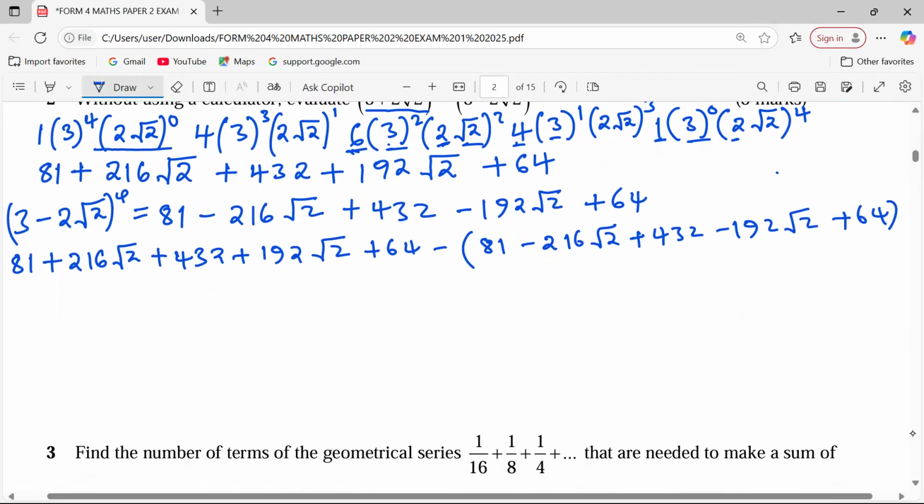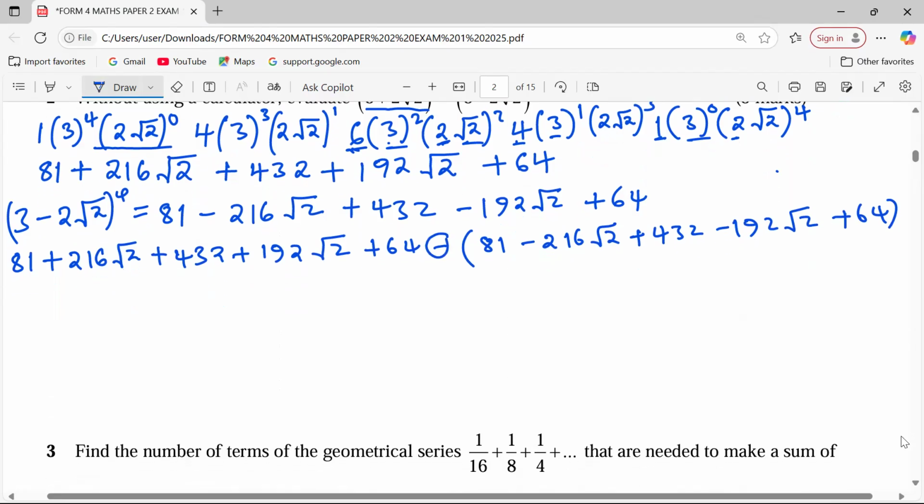So when the negative at this point takes effect, it shall be 81 plus 216, the root of 2, plus 432, plus 192, the root of 2, plus 64, minus 81.